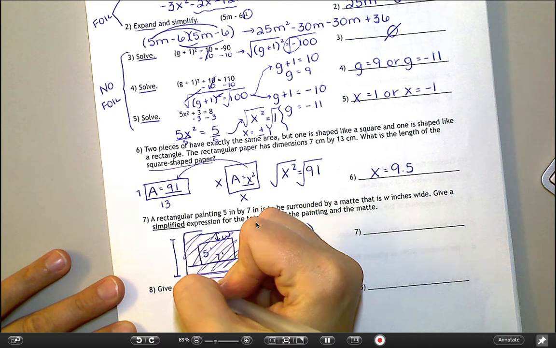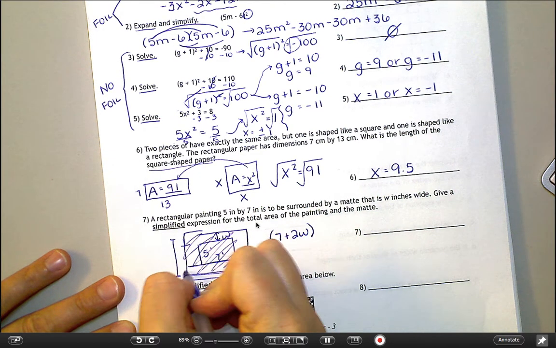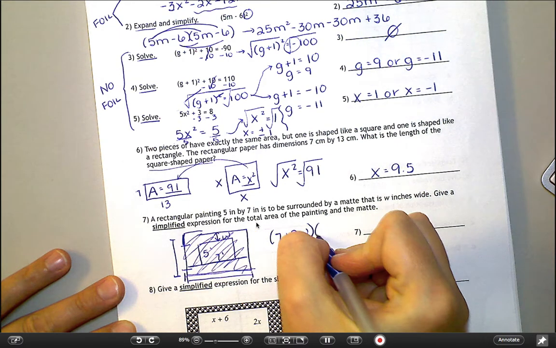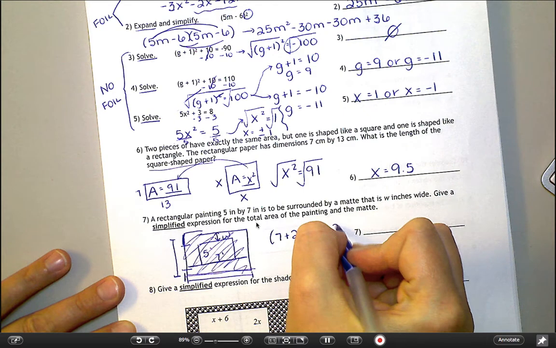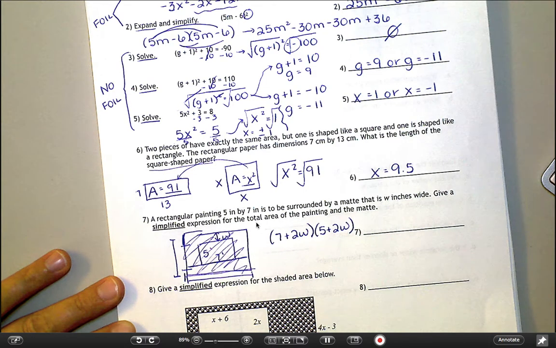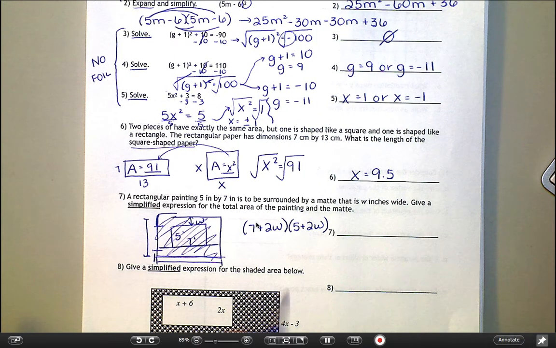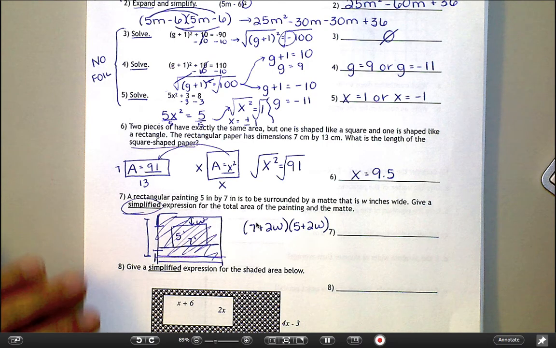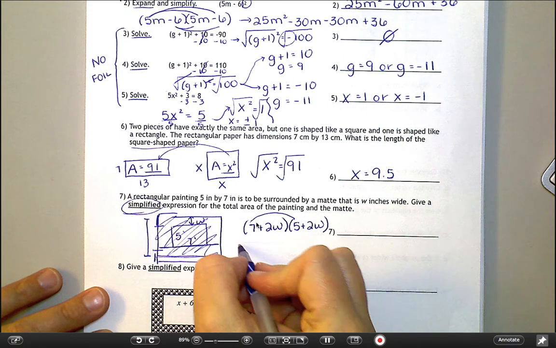Up the side, I'm going to have 5 plus a W plus a W. So that's going to be 5 plus 2W. And then I'm going to FOIL those two things together. Okay, oh, didn't realize my paper was going sideways. I do have to FOIL it because it says that it wants my answer simplified. Okay, so I'm going to go 7 times 5 is 35.